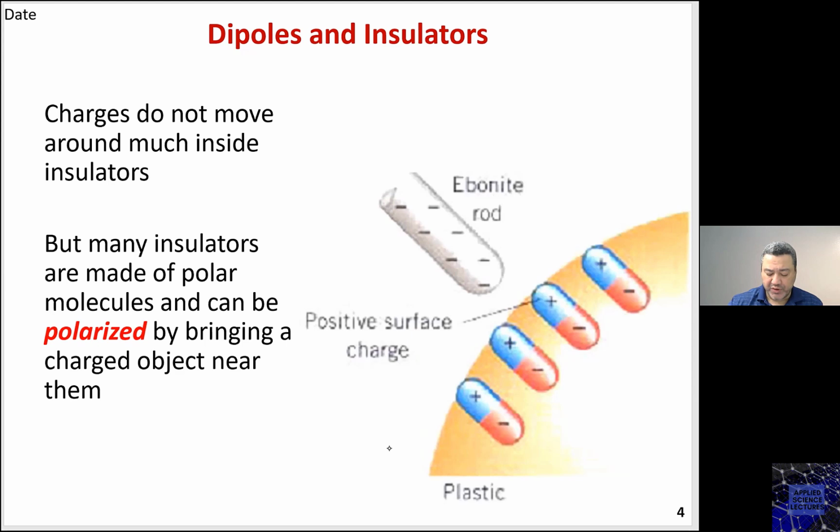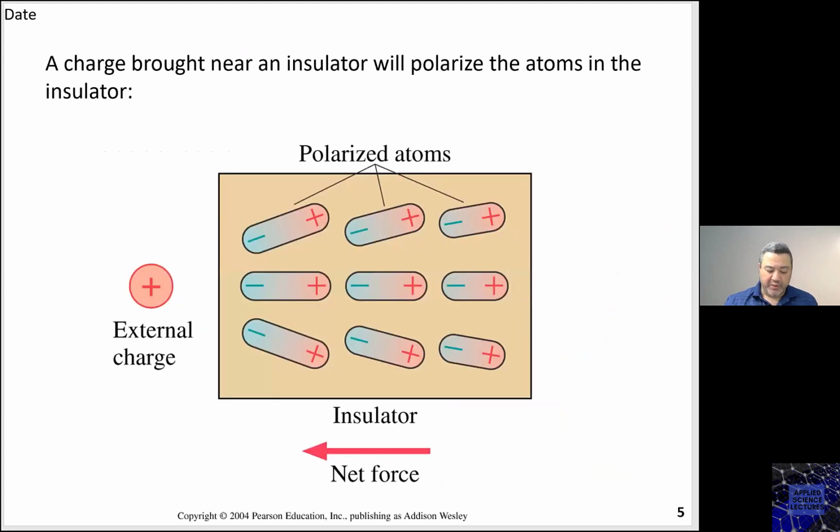And this happens when I have an insulator that has polar molecules. In that case, those atoms inside this insulator will be easily polarized. And as you can see, charges will be ionized right at the region that is closer to this charged rod. Now, this happens due to the external charge, as we have seen.